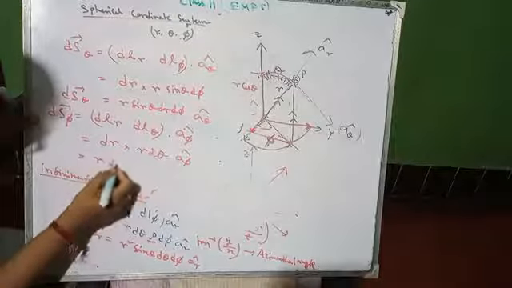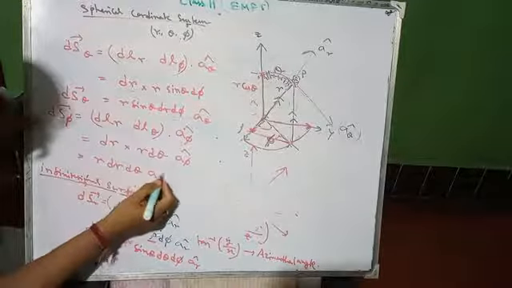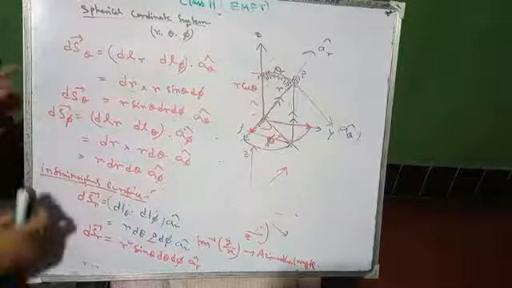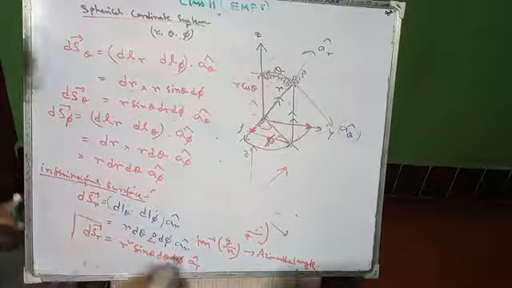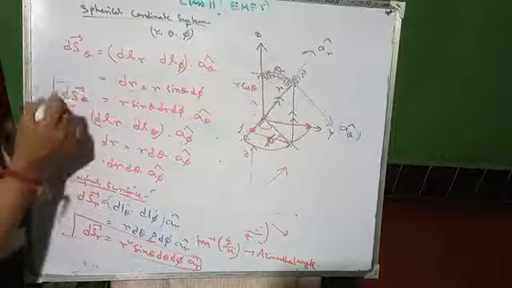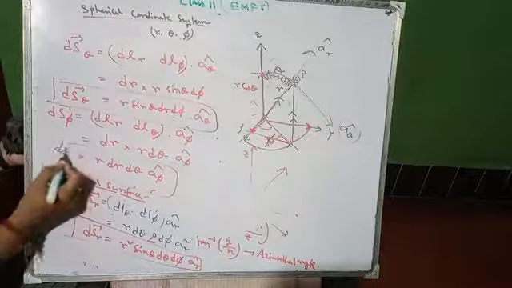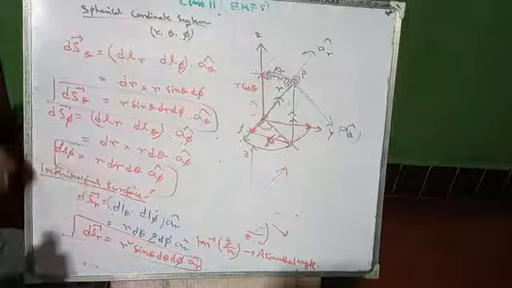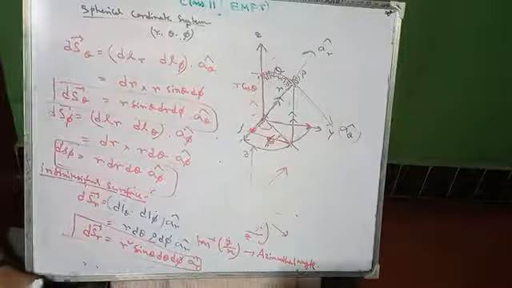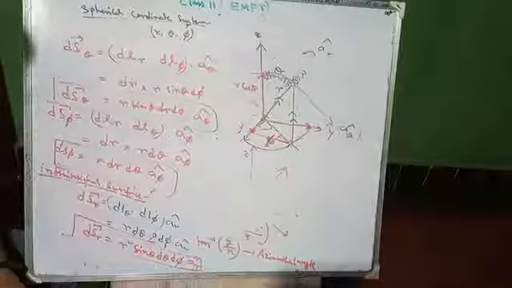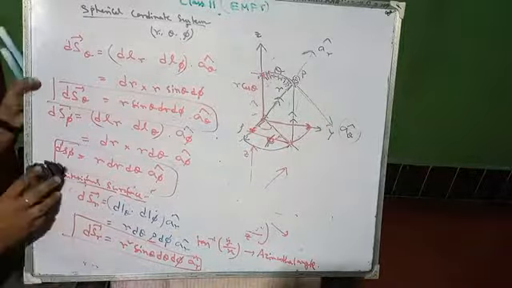So r dr d theta a phi cap. Okay, so these are the three infinitesimal areas, first one, second one, and third one. So there are three infinitesimal lengths, and there are three infinitesimal areas, and one infinitesimal volume.